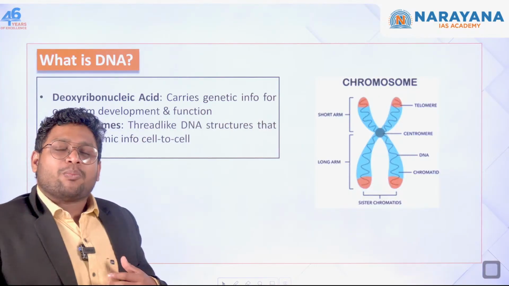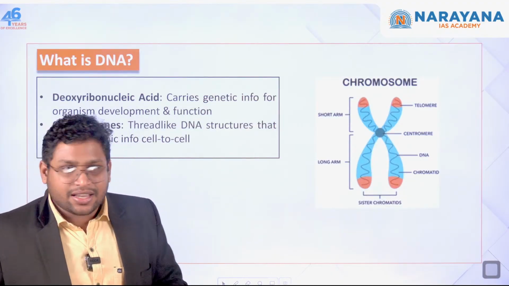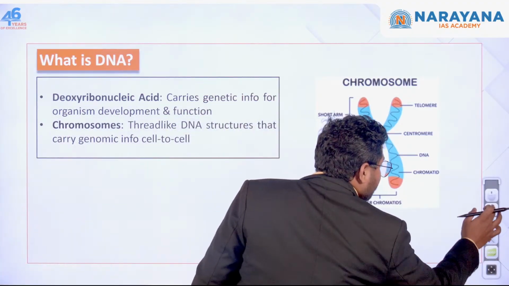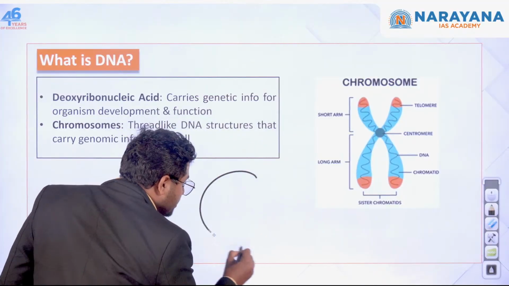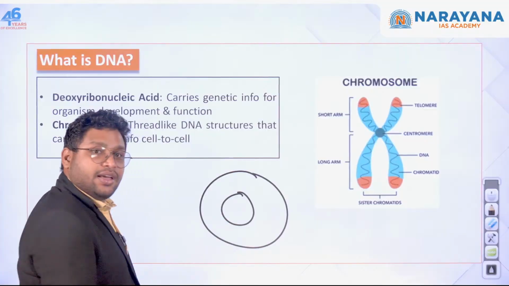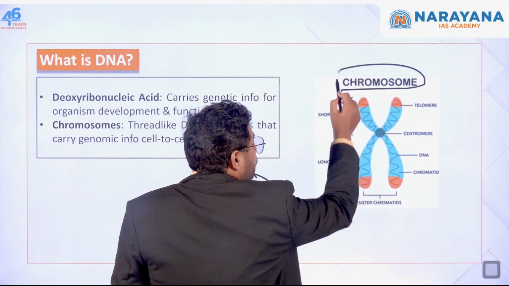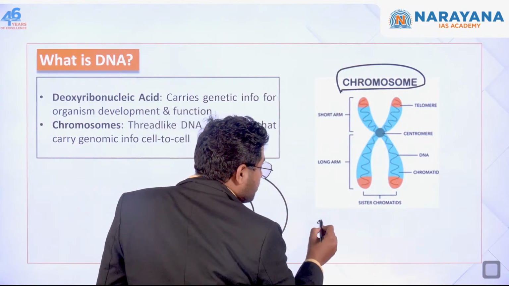Now when you look at your body, the entire body is made up of many cells. If you take one single cell, in that cell there will be a nucleus. In that nucleus there will be something called chromosomes, and it's not like there is only one chromosome.